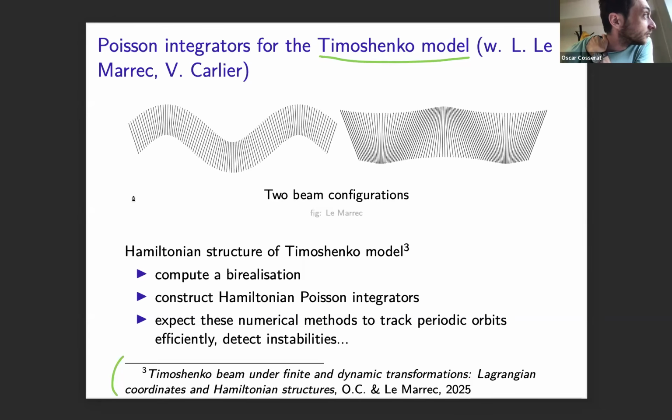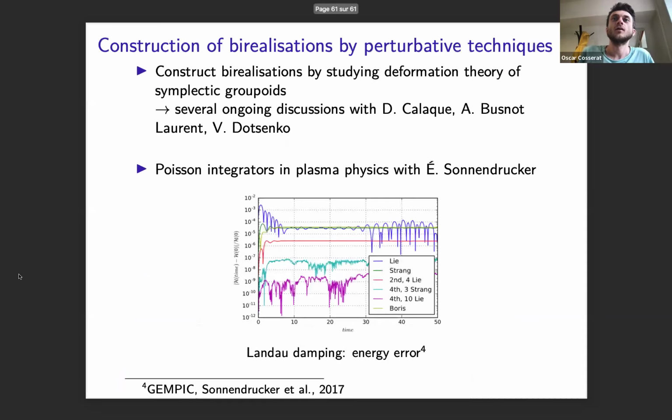and we're working right now on constructing numerical methods that are adapted to these Hamiltonian structures. And we expect these numerical methods to track periodic orbits efficiently or detect instabilities, for instance. And this is a second perspective.